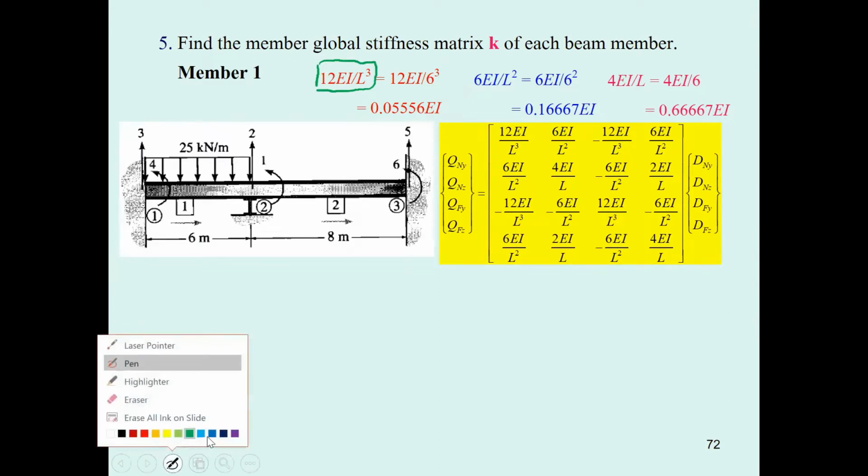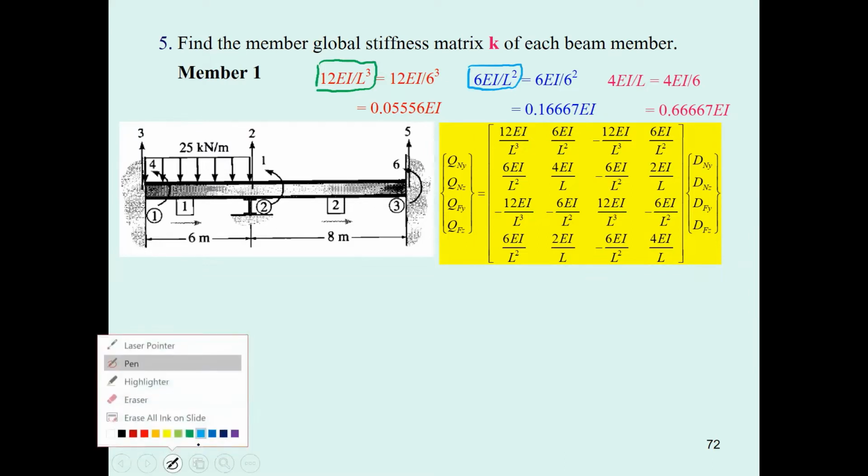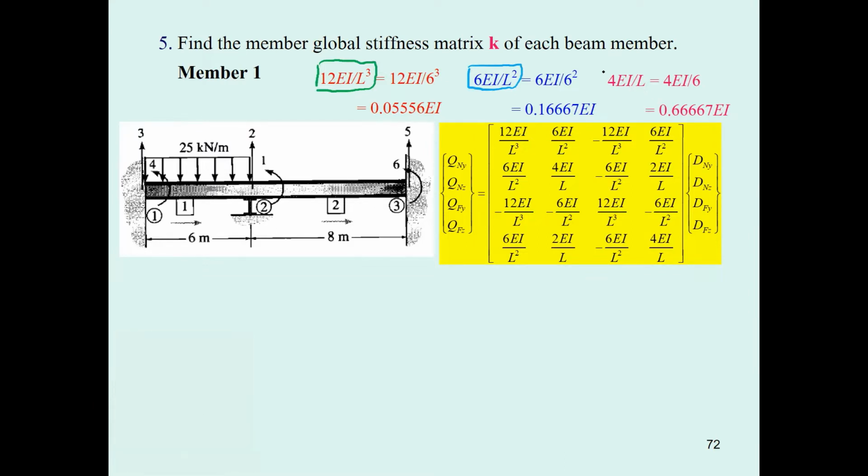For the blue, if you remember my coding, you just put this one and you can see the coefficient is in the form of the function of EI. And then the last one, you have this one. For the other one, for 2 EI over L, you just divide this by half. And again, this is based on this being the near end, this being the far end.